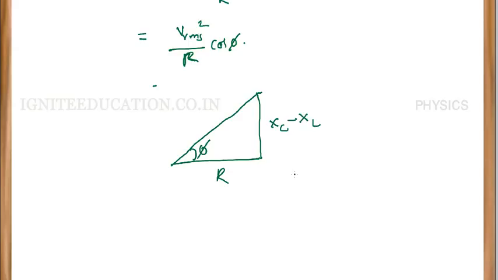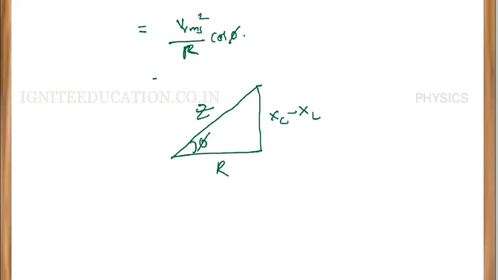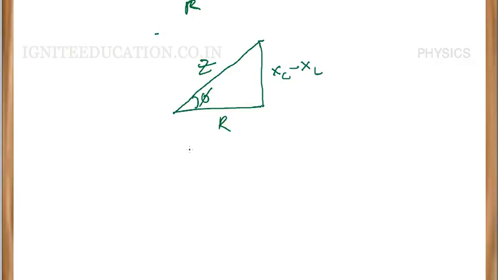Because of the capacitor and inductor, we get inductive and capacitive reactance, and with these two we get the final impedance Z. So tan phi is equal to XC minus XL by R. That is the formula to find the phase angle for the LCR circuit when they are not in resonant condition.